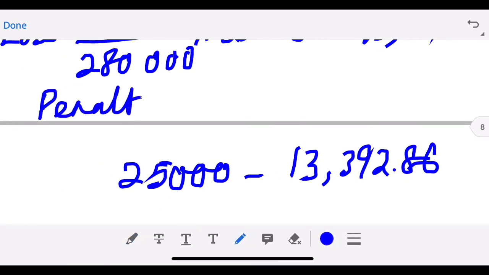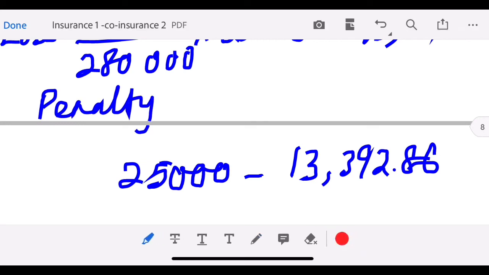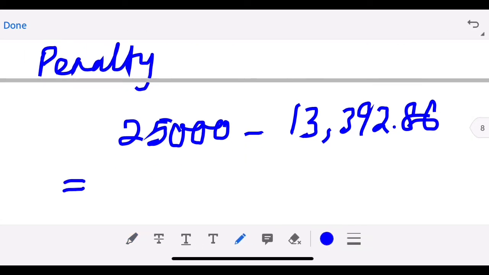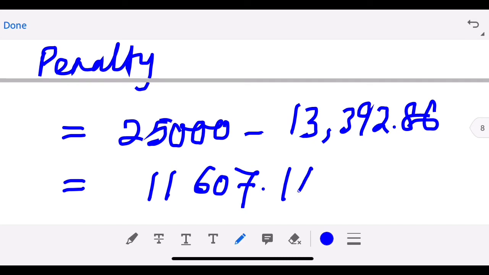So how to calculate the penalty? We have to take the losses minus out 150,000 over 280,000 times 25,000. So we take 25,000 minus out this one, we will get the answer 11,607.14.